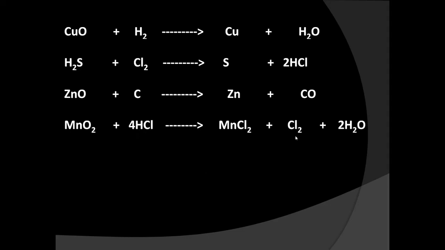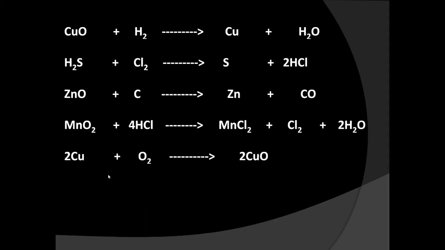So if there is loss of hydrogen, what do you call it? It is oxidized. And in the same way, hydrogen has gained the oxygen, so it is oxidized. So here hydrogen has oxidized and manganese is reduced.